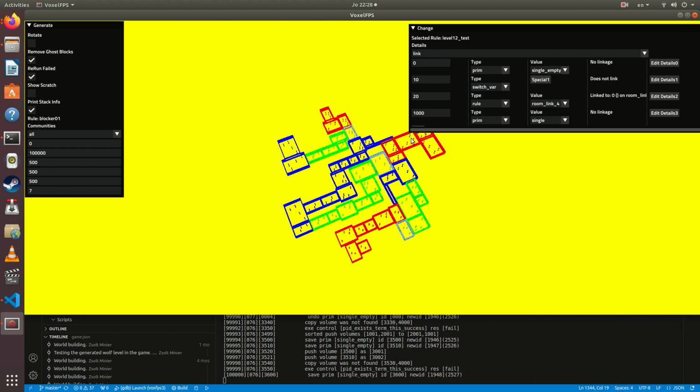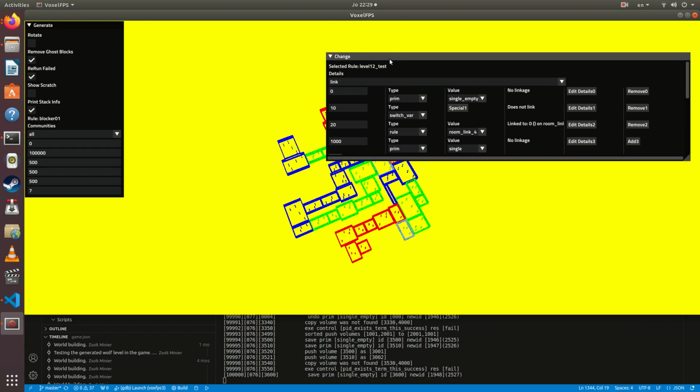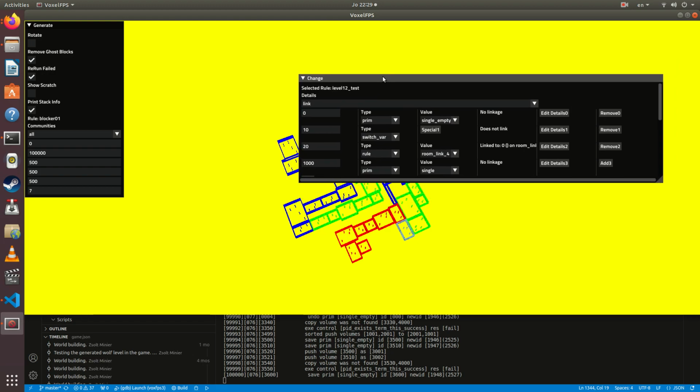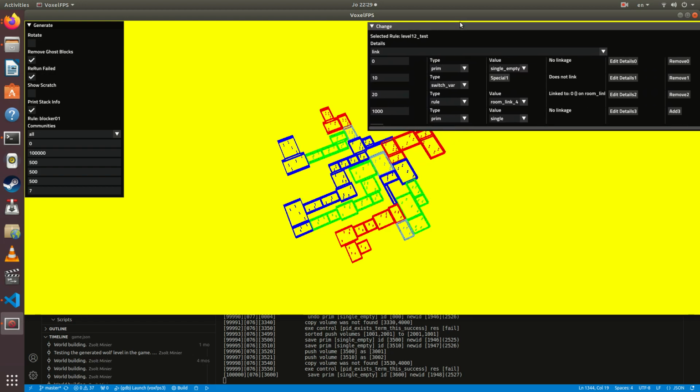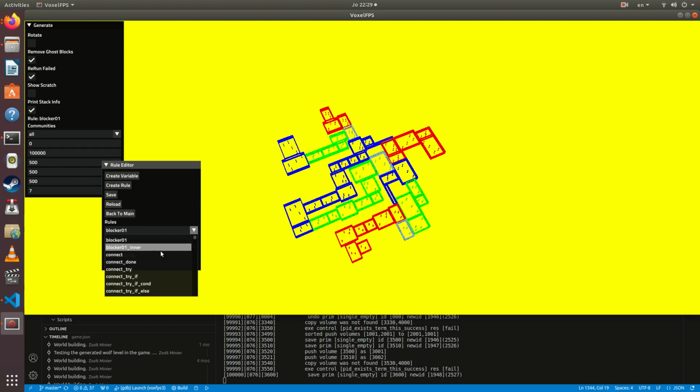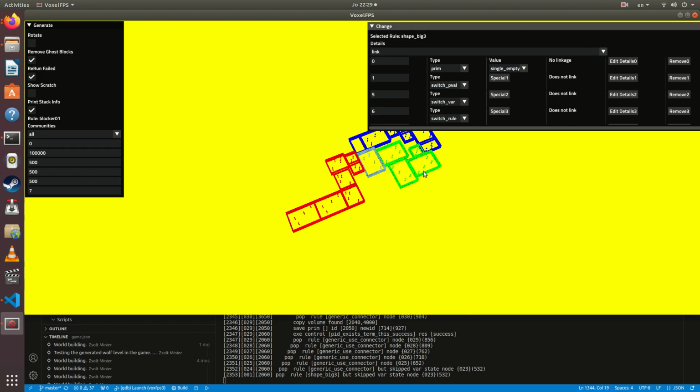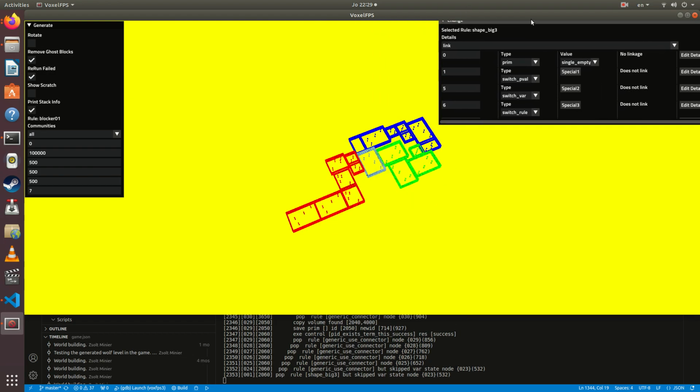They are actually built up from some smaller parts, and these parts are randomly generated. So there is this shape, big, the basic building block.